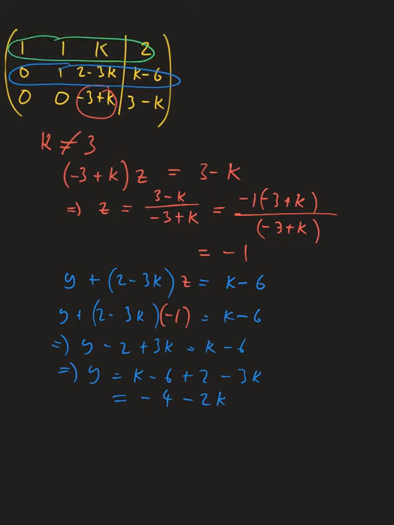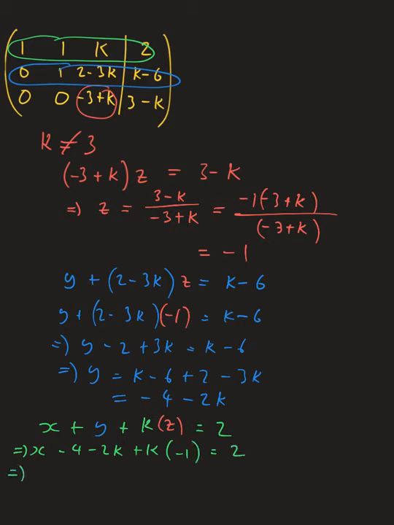So that first line reads x plus y plus k times z is equal to 2. So I'll put in my values for y and z, and I will get x plus minus 4 minus 2k plus k times minus 1 is equal to 2.